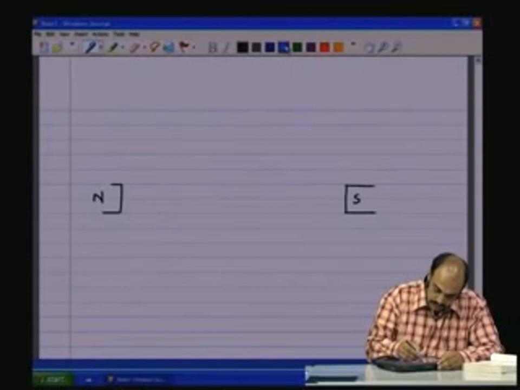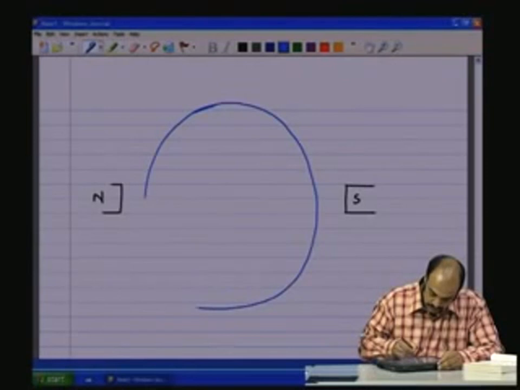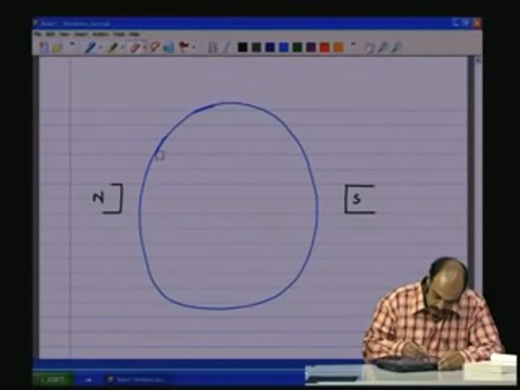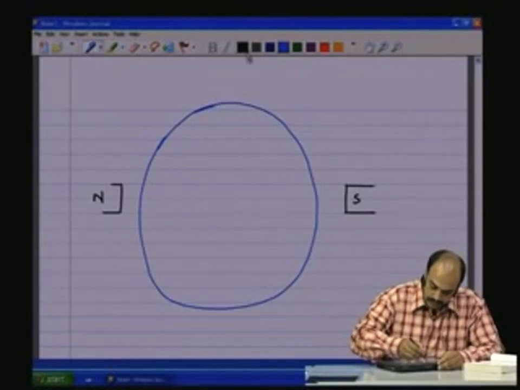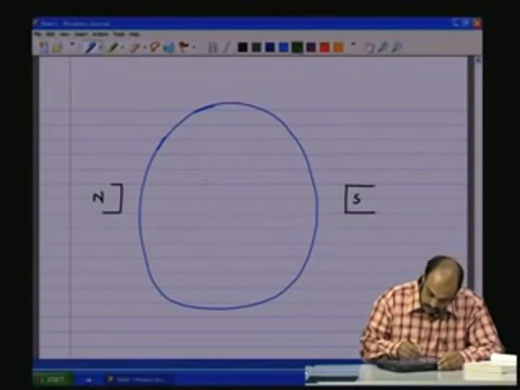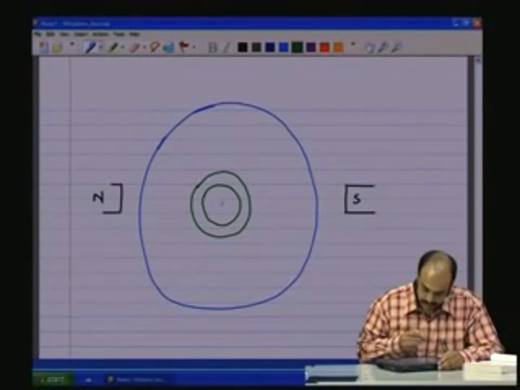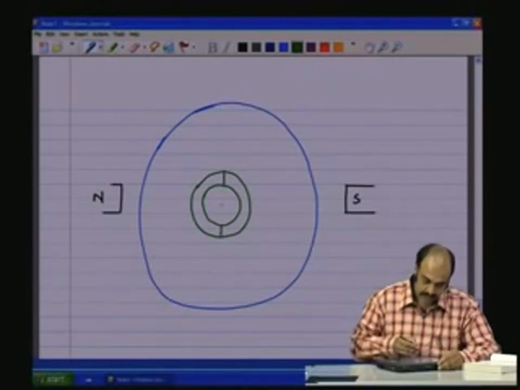Let us have a reasonably bigger diameter circle here, and we have the commutator, which is now having 12 segments.